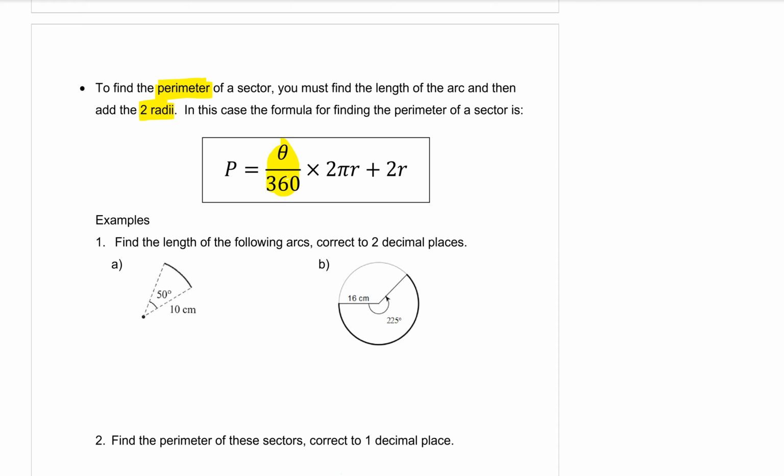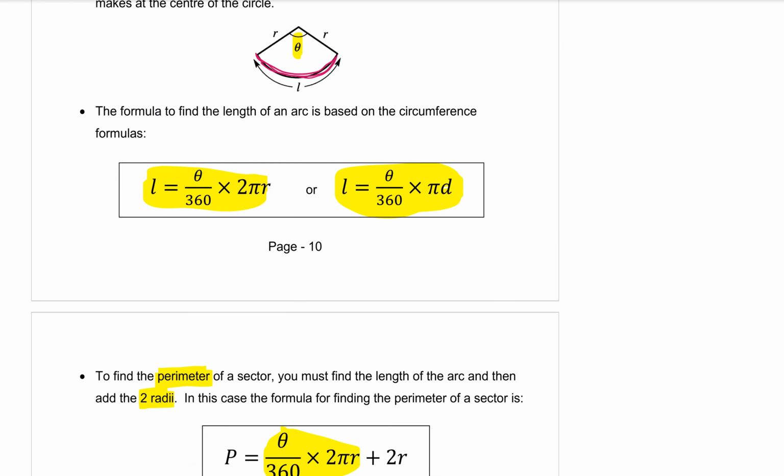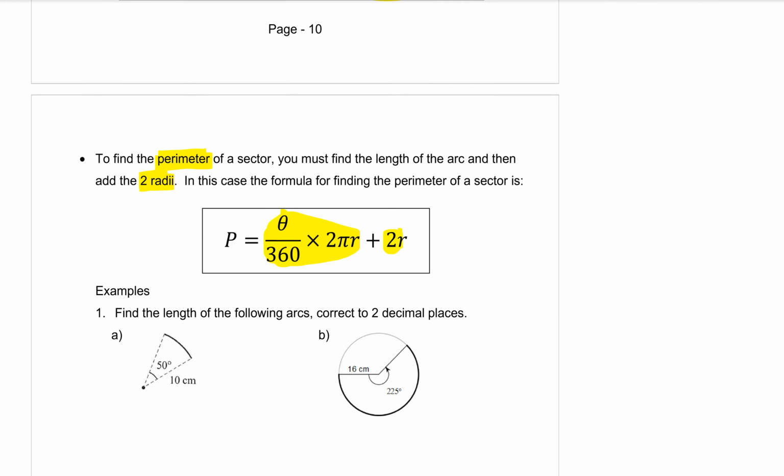We would times that by 2 pi r. That's our formula that would tell us the curved part of our sector. So looking back here, we get that red curved part. But then I have to add on 1, 2r. So there's my plus 2r for the 2 straight sides that need to be added on to complete that perimeter.